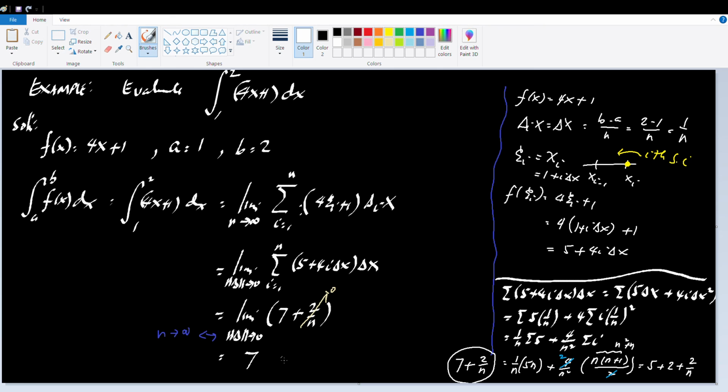And there will be no unit. Why? Because we are talking about the definite integral. But if you are asked what is the area of the region below the graph of 4x plus 1 between 1 and 2, then the result here will be expressed in the appropriate square units, 7 square units. But since we are asked to find the definite integral, our answer will have no unit. It is dimensionless. Okay?